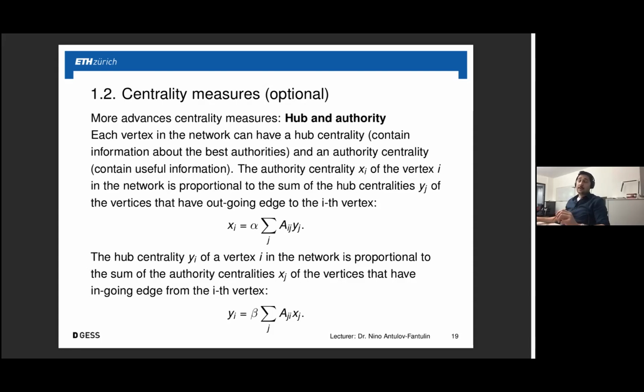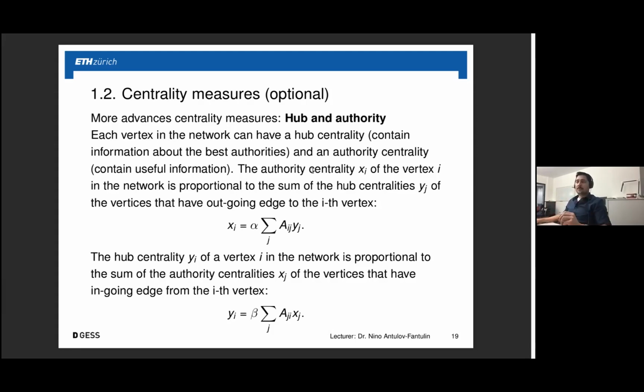For example, one assumes that nodes can contain information, and that other nodes have links to those nodes that have information. So we can say that each vertex in the network has a hub centrality, which contains information about the best authorities, and an authority centrality, which contains useful information. You can think of it as: I know someone who has the information.